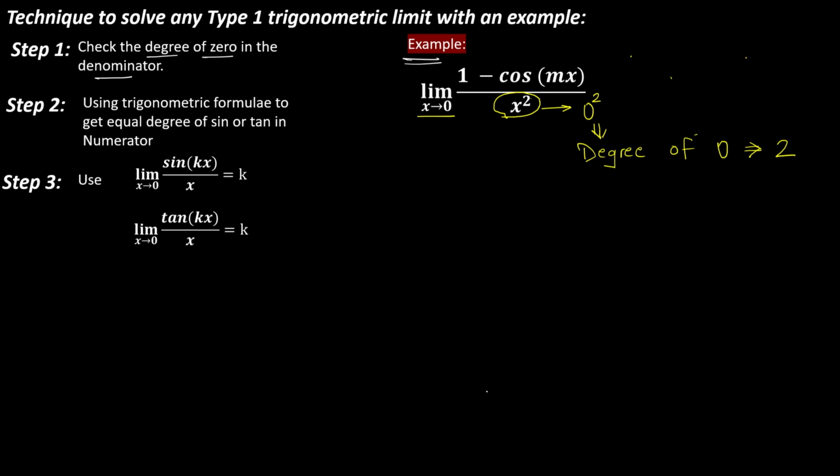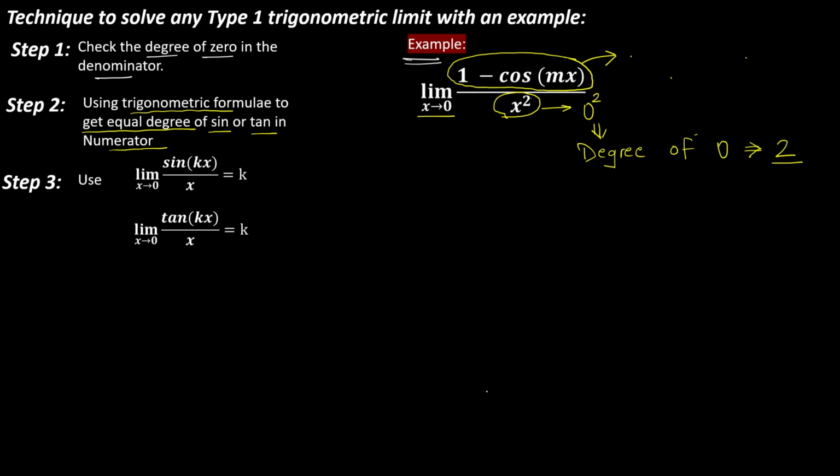Step 2 suggests use the trigonometric formula to get equal degree of sine or tan in the numerator. Since the degree is 2, we will try to use some trigonometric formula in the numerator in order to get the degree of sine equal to the degree of 0 in the denominator.